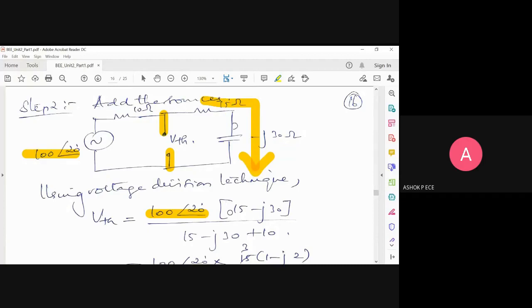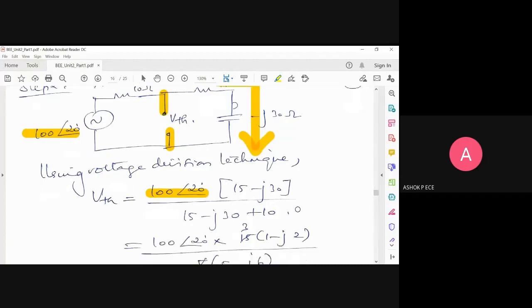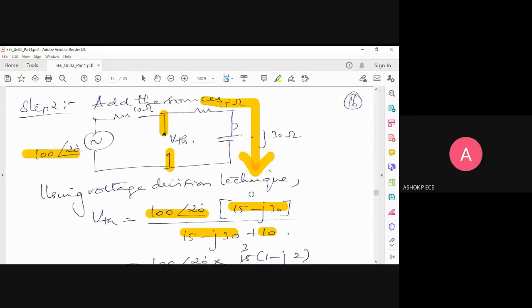So 15 minus J30 divided by that resistance plus the opposite. The opposite is 10. How to find the opposite resistance? Hide these two things. What is remaining is your opposite. That's how you have to find the opposite resistance. Once you write this equation correctly, whatever follows is purely mathematics.